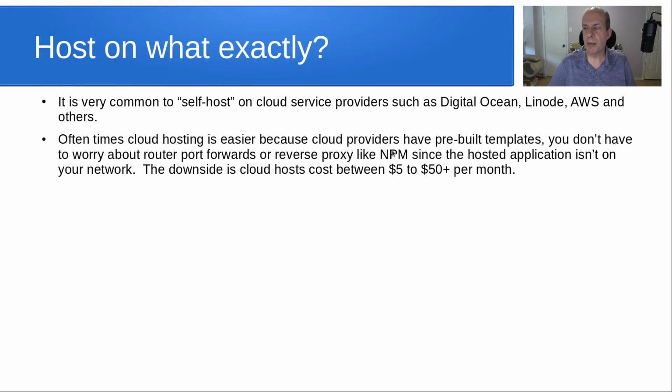You wouldn't have to worry about Nginx Reverse Proxy Manager because the cloud provider is going to provide you an address that's already on the internet. And then the downside, unfortunately, is that cloud providers have recurring costs, which are generally anywhere between $5 to $50+ per month for the servers that they essentially rent you to run your application.